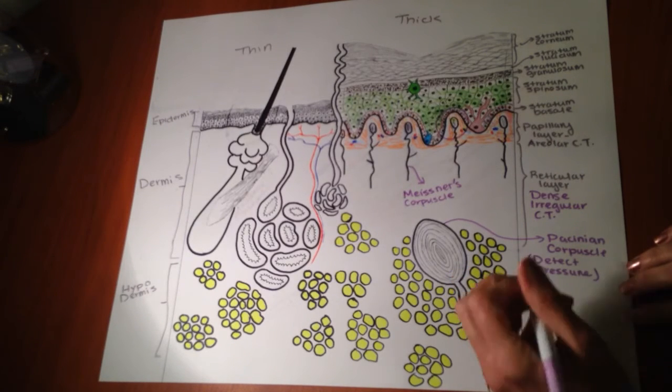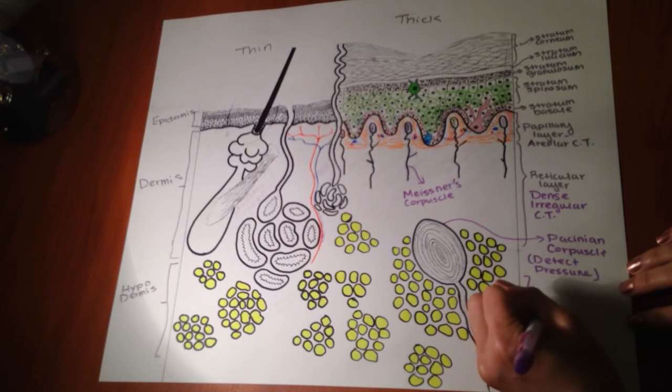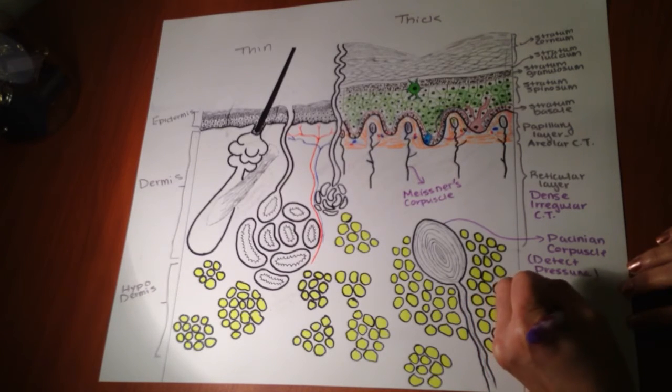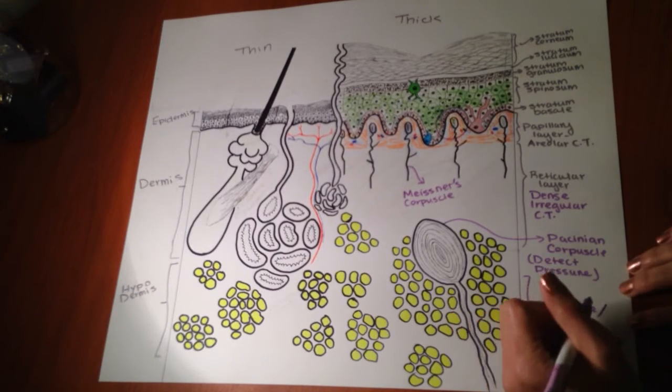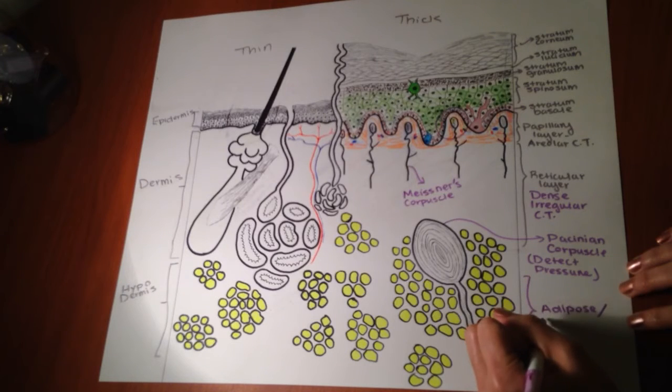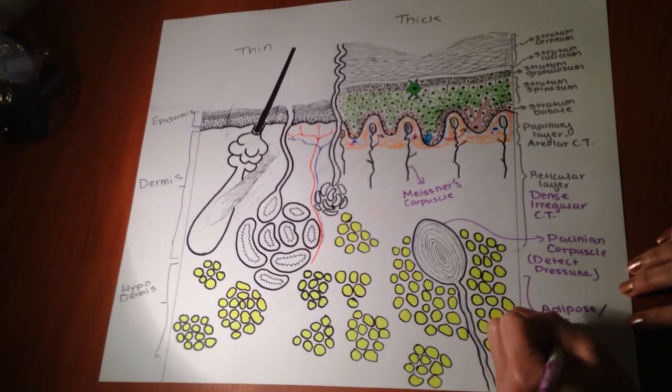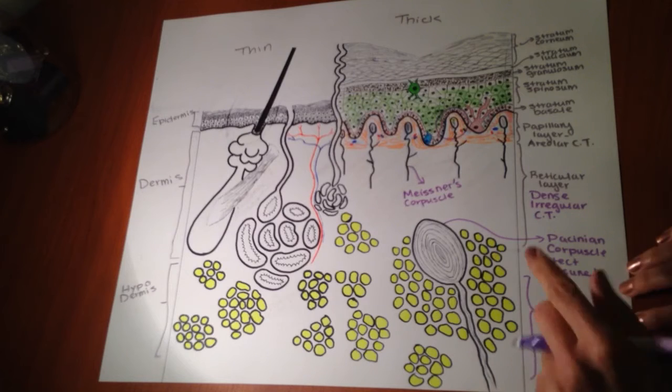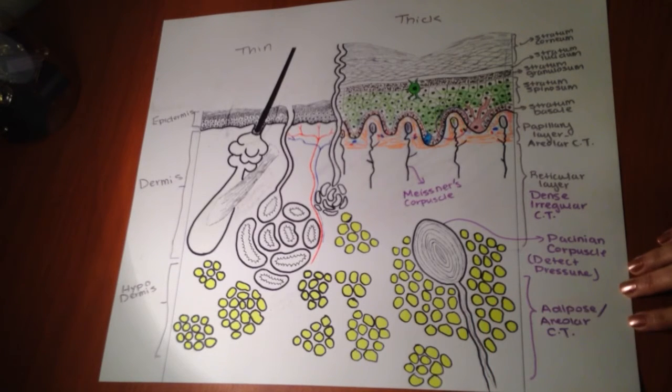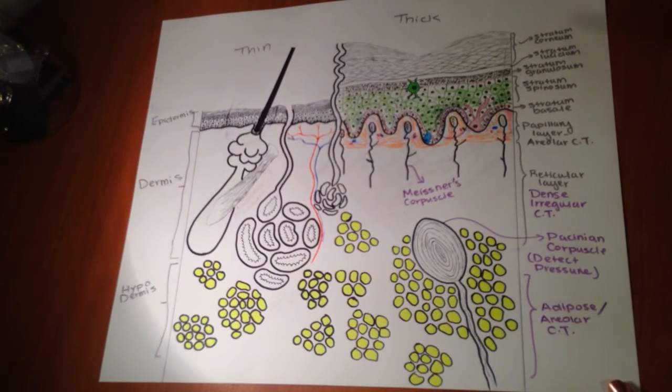So you're going to have adipose, and you also have areolar connective tissue in this layer. So those were the basic layers of the skin.